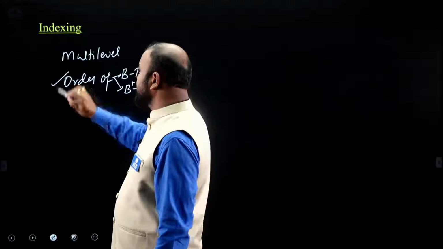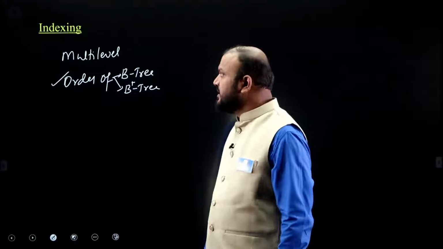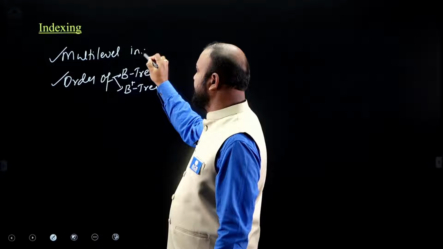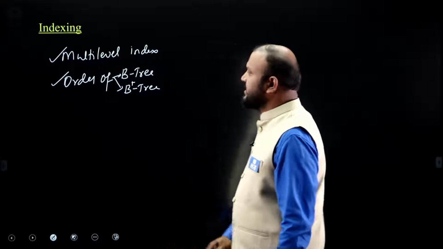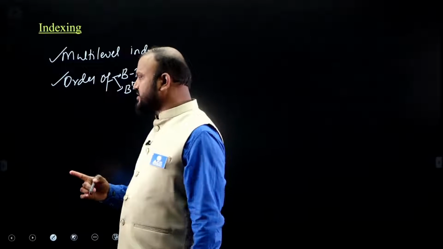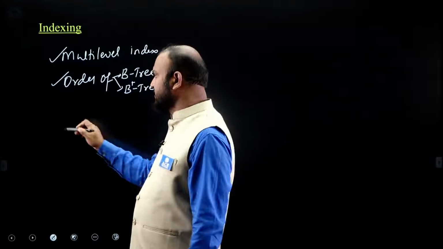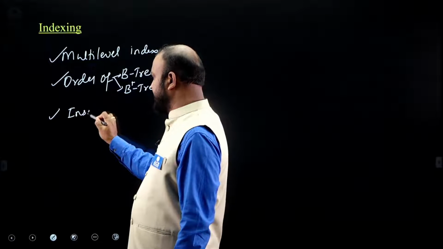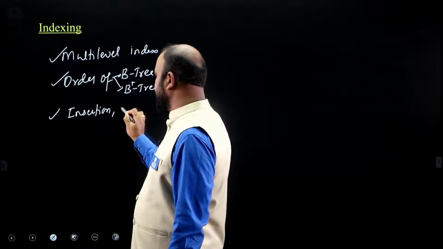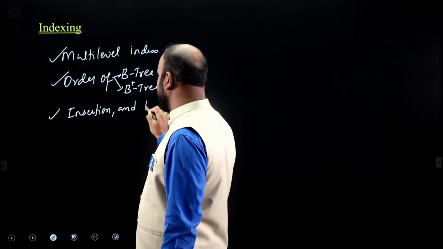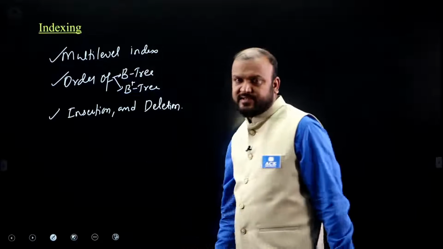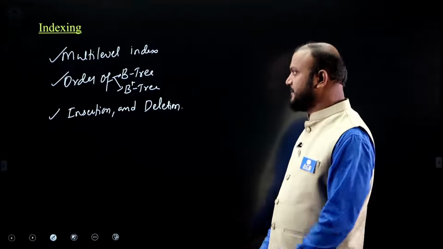The majority of questions are on orders, and a minority on multi-level indexing. And hardly one or two questions on insertion and deletion of key values in the B plus tree.